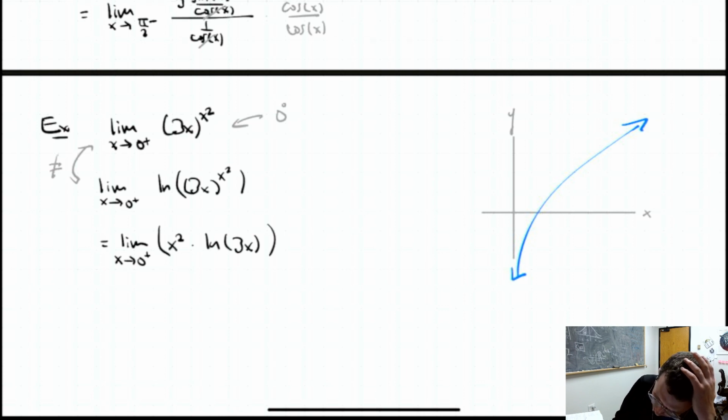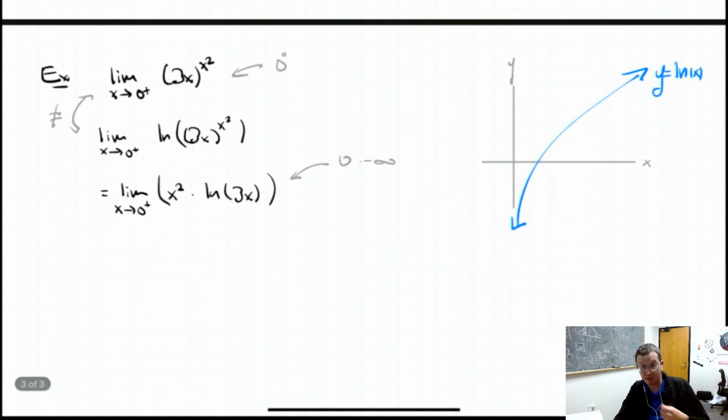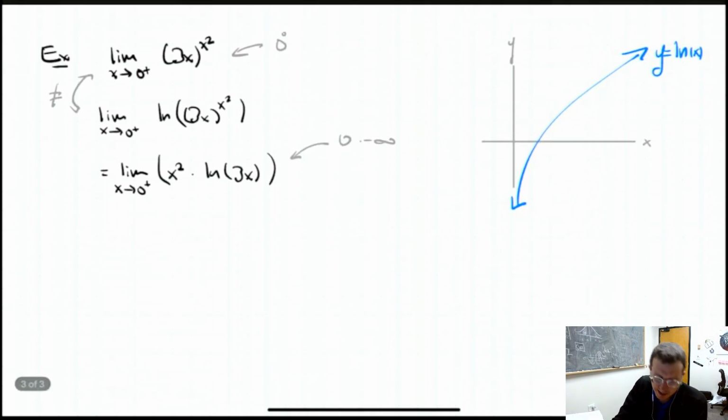It has a vertical asymptote at x equals 0. As the input to the ln function, which in this case is 3x, approaches 0 from the right, that y value, the ln of 3x, is approaching negative infinity. So this is a 0 times infinity, or I guess a 0 times negative infinity, indeterminate form.